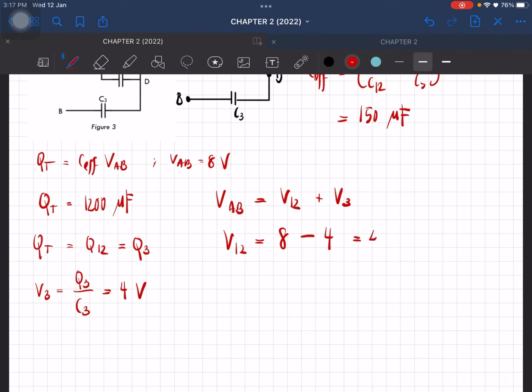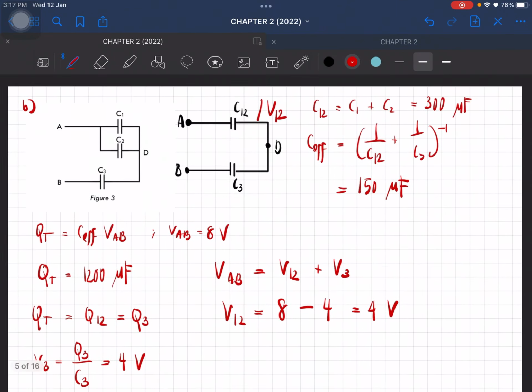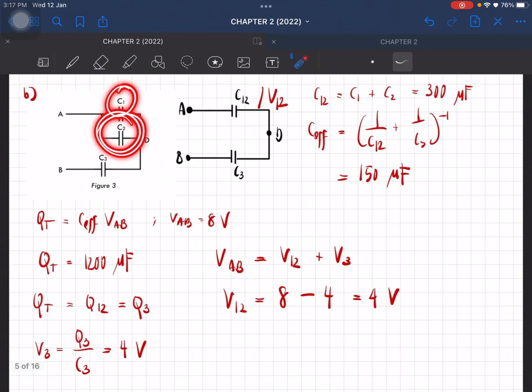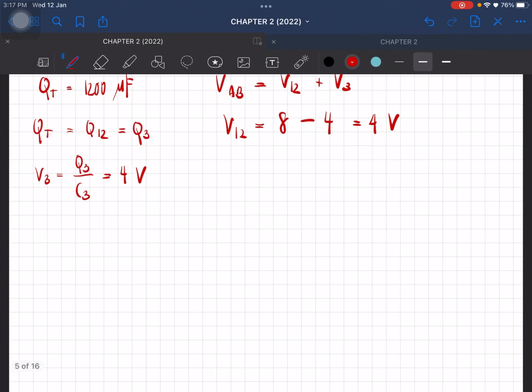You should get 4 volt as well. So the potential difference across capacitor 1 and 2 is 4 volt. Since C1 and C2 are connected in parallel, the voltage should be the same, so V12 is equal to V1 equal to V2, which is equal to 4 volt.